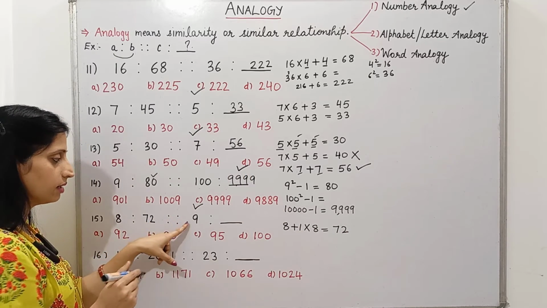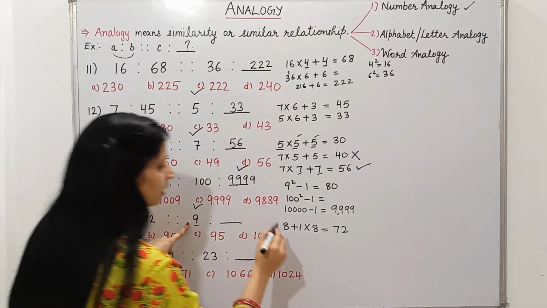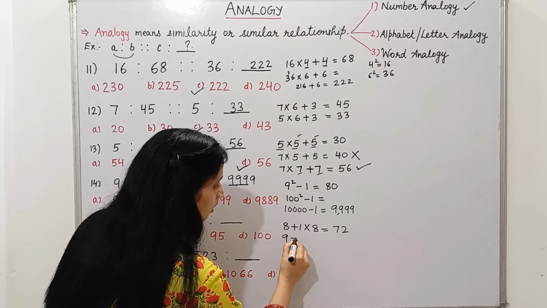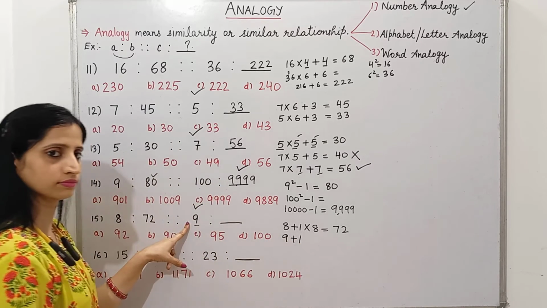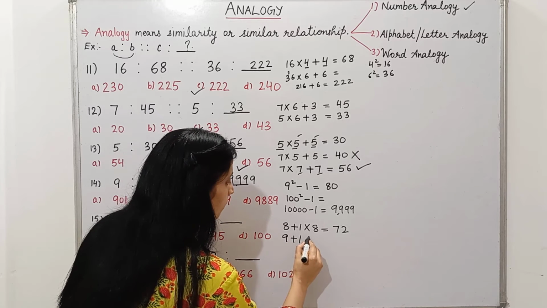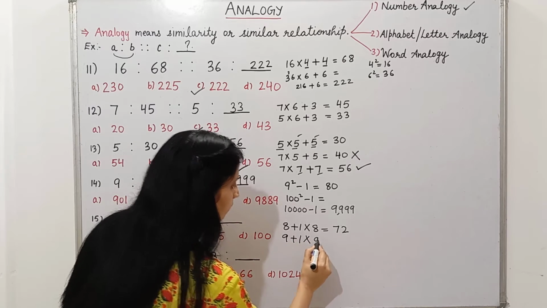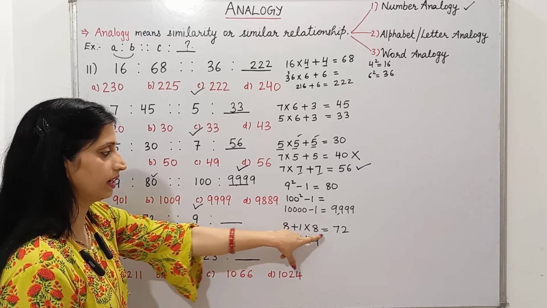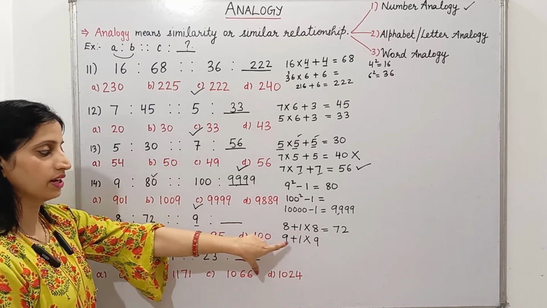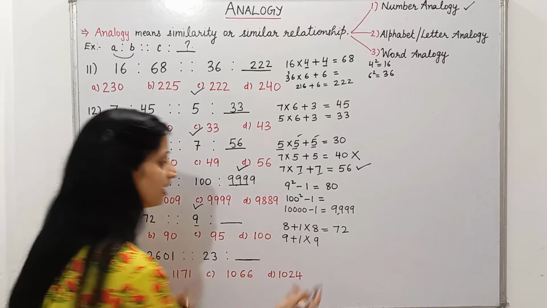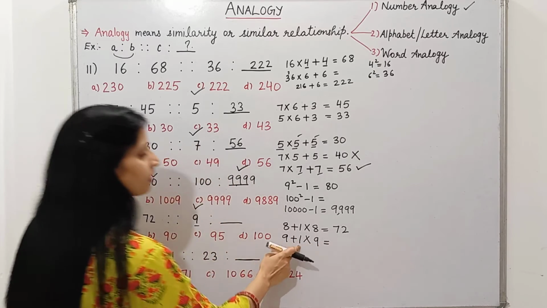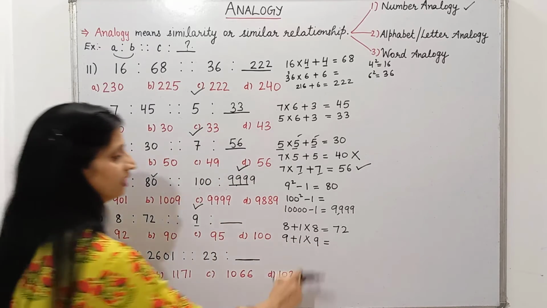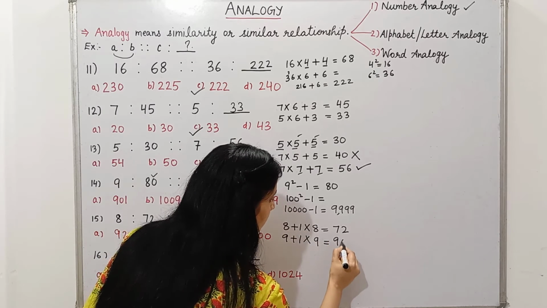Okay. Similarly, now we will add 1 to this: 9 plus 1, multiplied by 9. Okay, 8 plus 1 multiplied by 8 is 72. So 9 plus 1 multiplied by 9, what will it be? 9 plus 1 is 10, and 10 nines are 90.